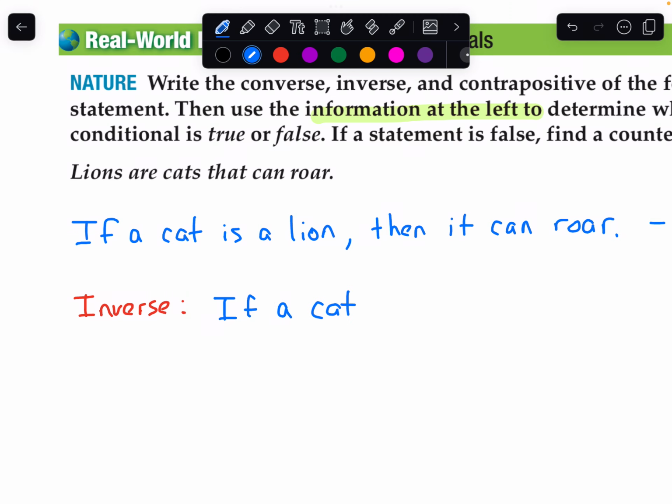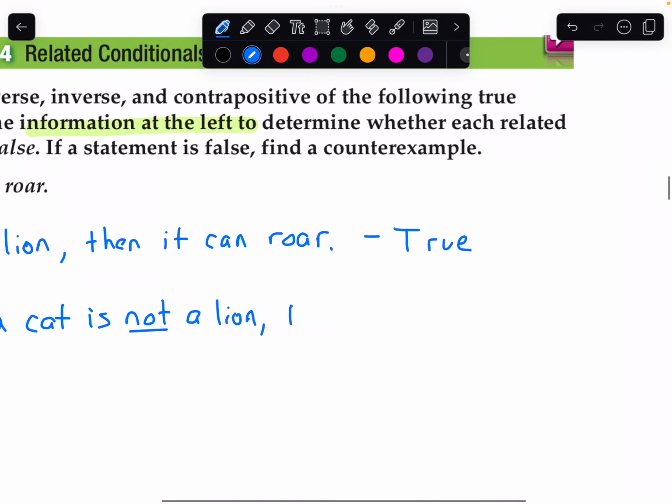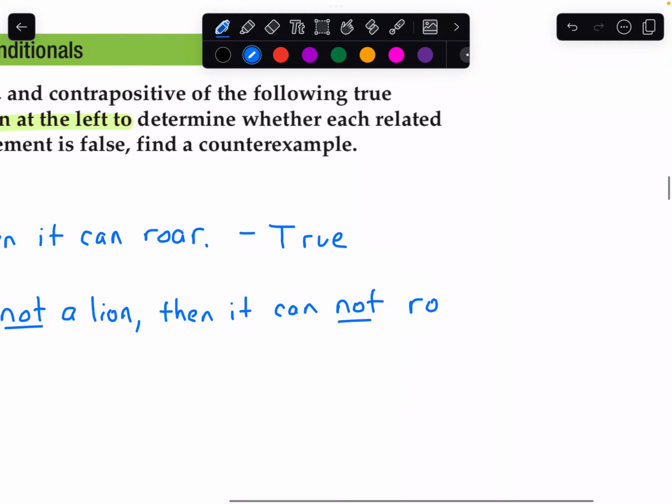If a cat is not a lion, then it can not roar. This is clearly false.